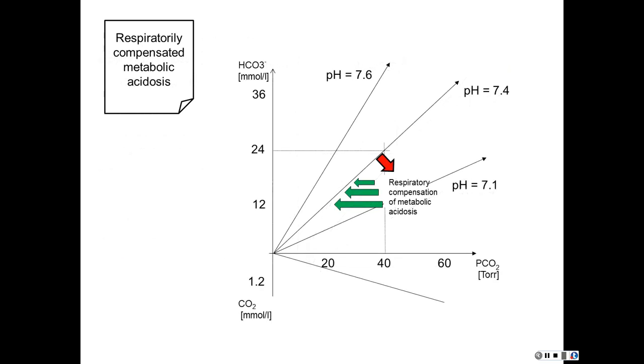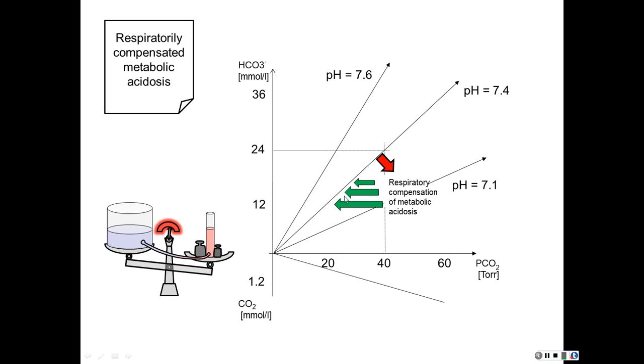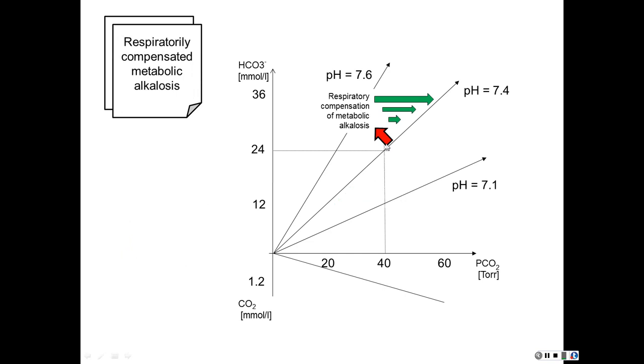And that all comes from the Henderson-Hasselbalch equation. Graphically, he describes it as if you have something causing you to drop the amount of bicarb in your system, then you're going to blow off more CO2 to get you back to this line. And you can do this every different way. If you have too much bicarb, then you're going to retain more CO2 to get you back to the line.